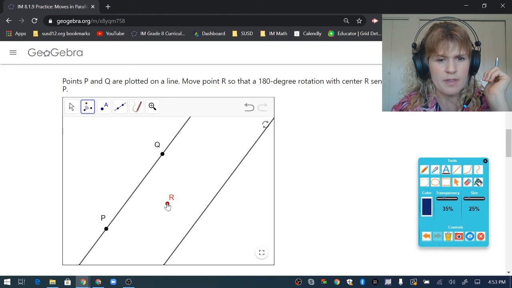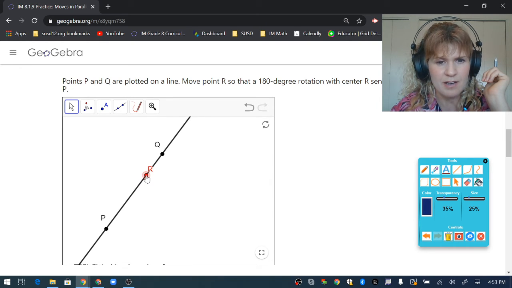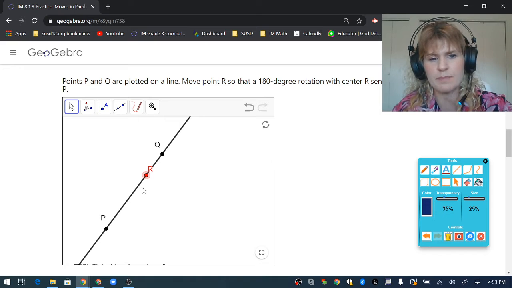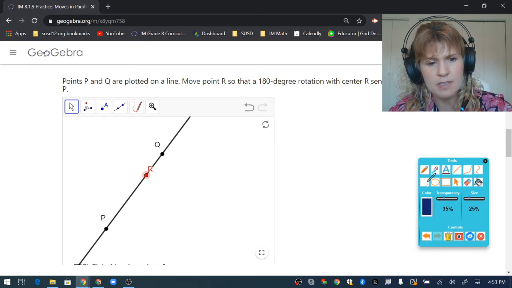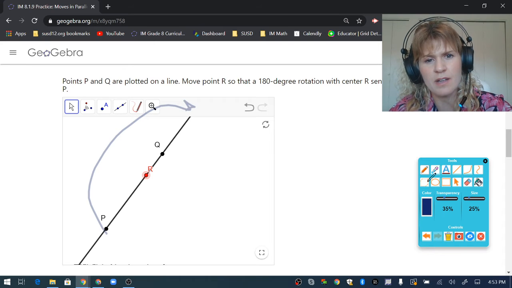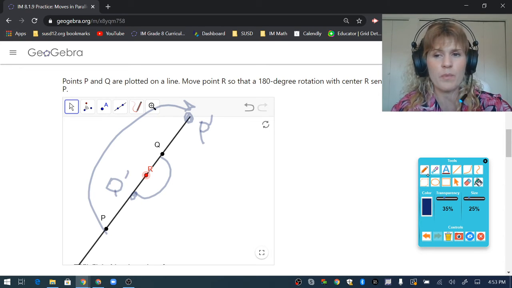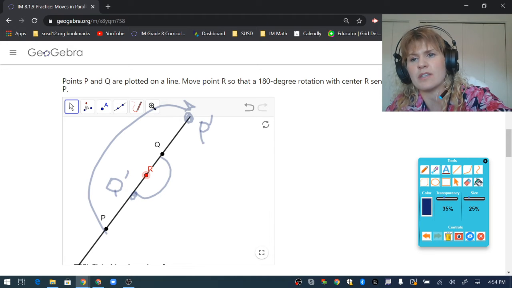Now, if I put this center point on the line here, not in the midpoint between P and Q, then P is going to rotate over here. This would be P prime, and Q would rotate right here, Q prime. Well, that's not what we want. We want to send P to Q and Q to P.